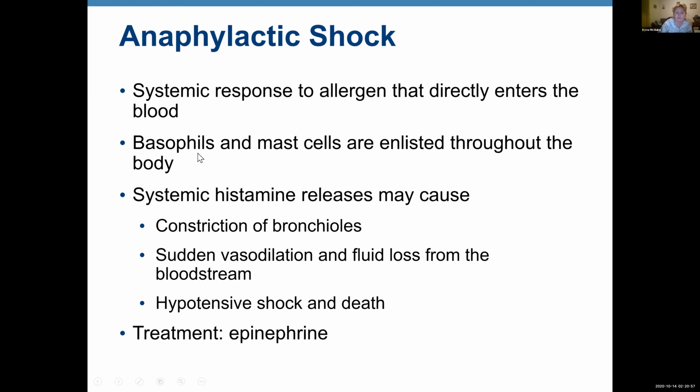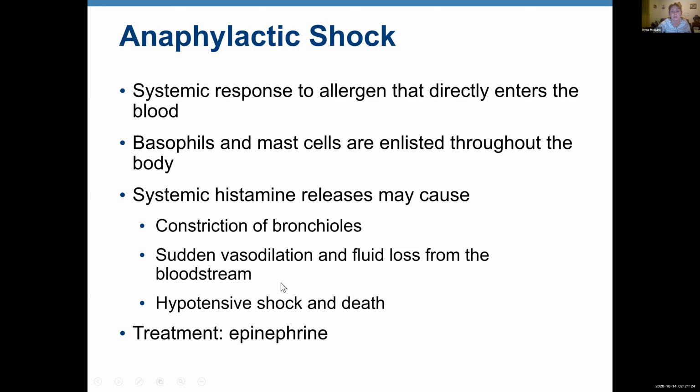Now, basophils and mast cells, when this happens, start to secrete lots of histamine. And what histamine does, it vasodilates your blood vessels, and when blood vessels are dilated, you actually have a huge loss of pressure in the bloodstream.